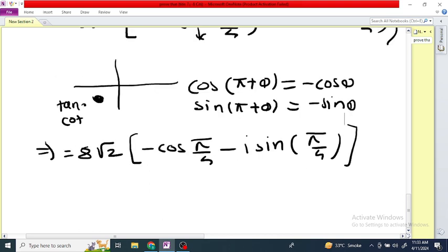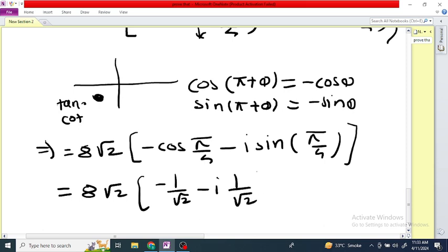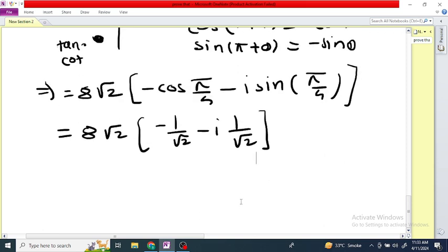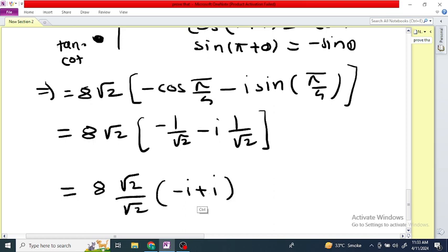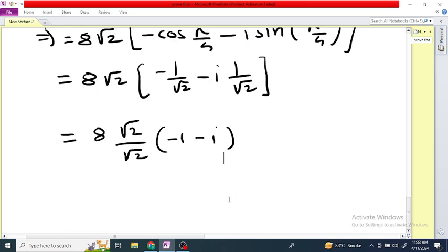Now cos pi by 4 is 1 by root 2, so this is equal to 8 root 2 times (minus 1 by root 2 minus i times 1 by root 2). Now take 1 by root 2 outside, and root 2 divided by root 2, this root 2 will get cancelled here.